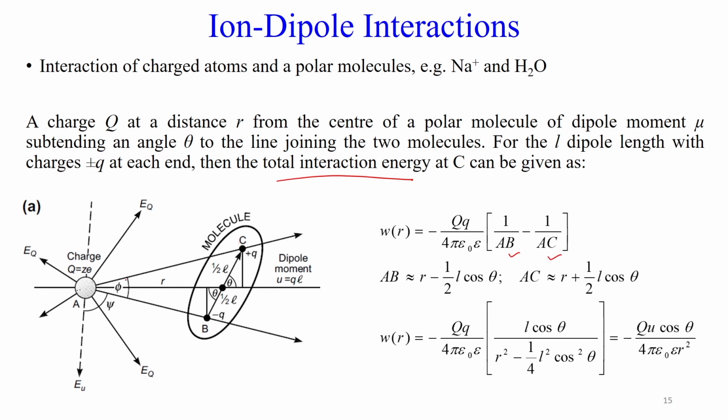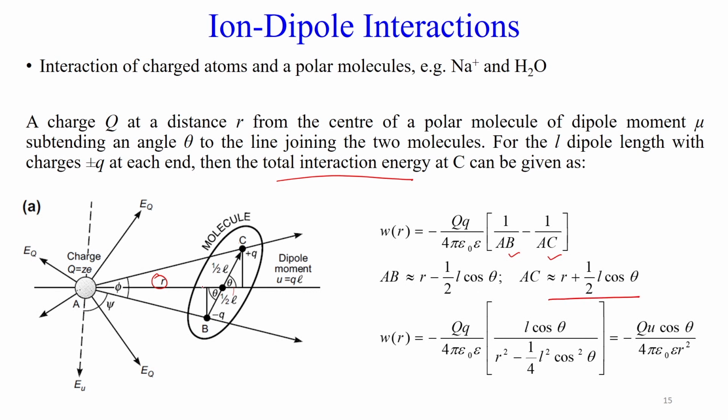Now, this AC and AB can be written in terms of r, as this angle is known to us, and this length will be half of L, half of the distance between the two charges, and this is theta. So, this will simply be 1 by 2 L cos theta. So, the value of AC we can write as r plus 1 by 2 L cos theta.